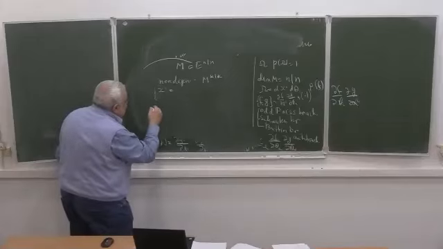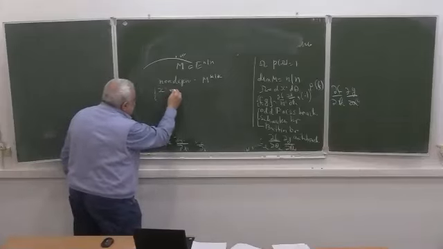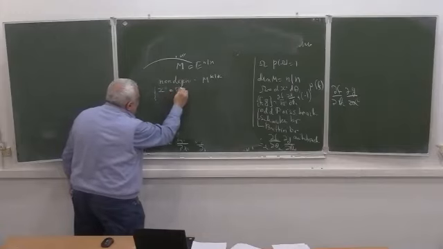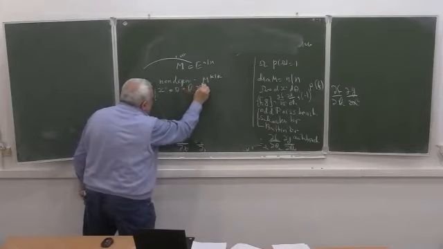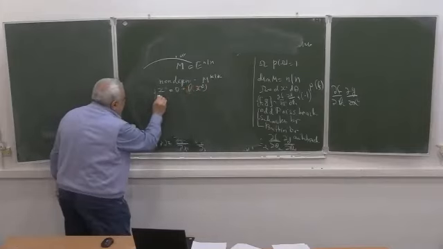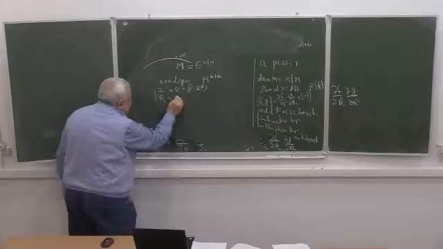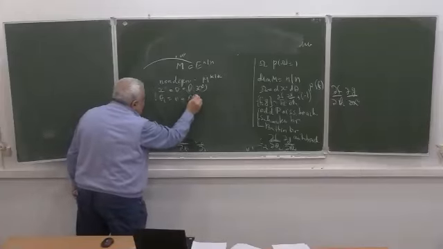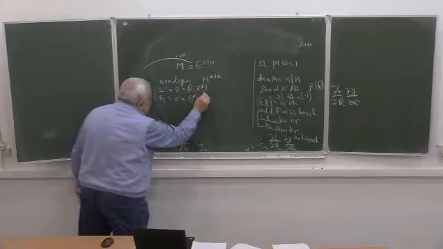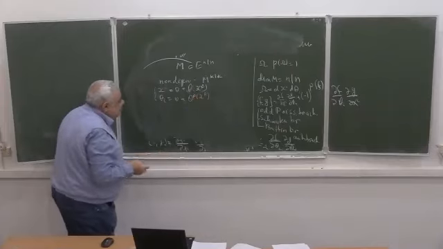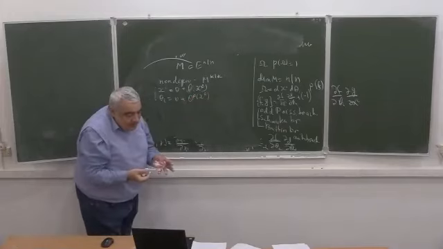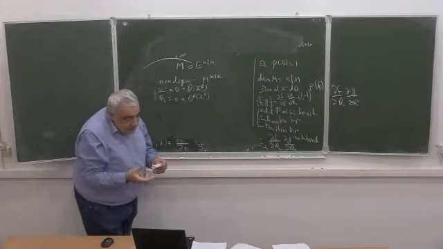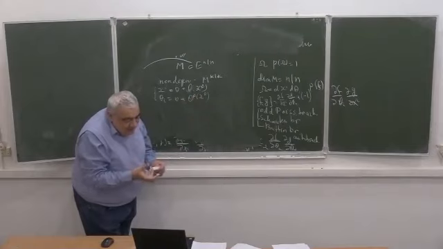So you can find coordinates such that x_r equals 0 up to the order of x to the power p, where p is an arbitrary number, and theta_r equals 0 up to the order of p. To prove this theorem is very technical, but this theorem is very important to understand when you are trying to find invariants.